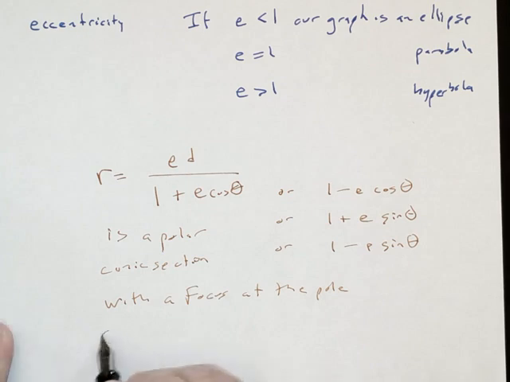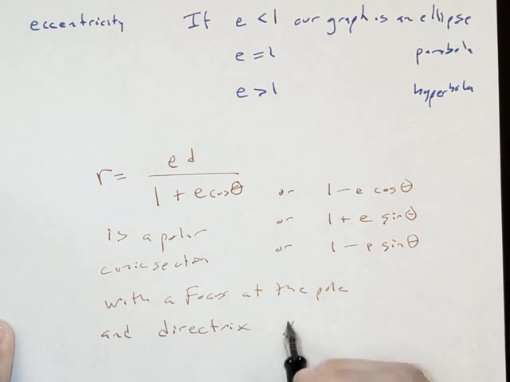And directrix x equals d when it's cosine. What if it's sine?